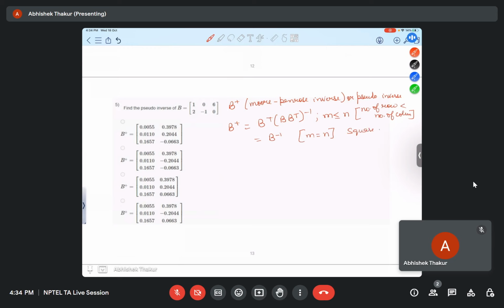Basically, pseudo inverse is calculated for a non-square matrix, when rows and columns are not equal. And it will be inverse of B transpose B into B transpose when M is greater than N, which means number of rows is greater than number of columns.